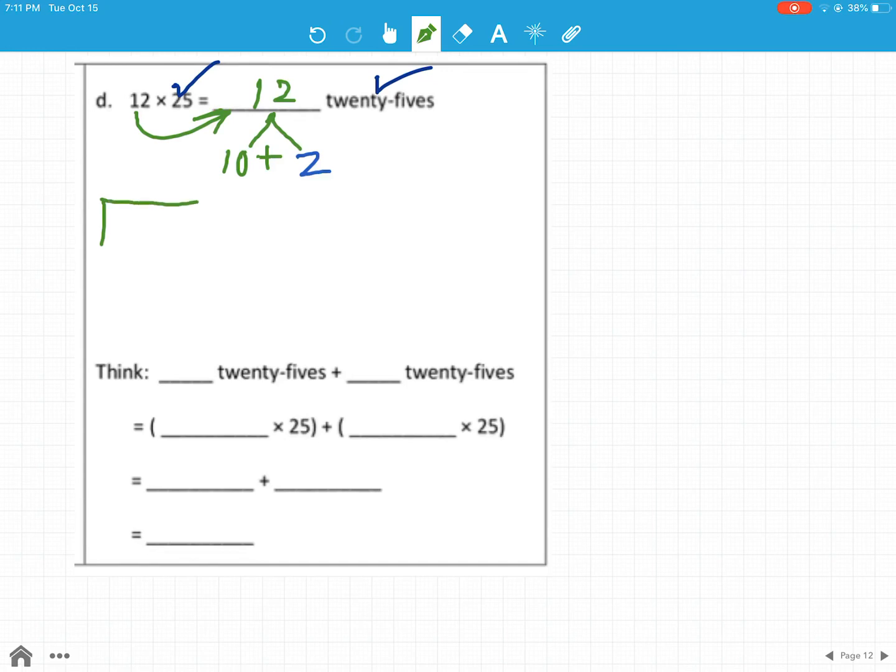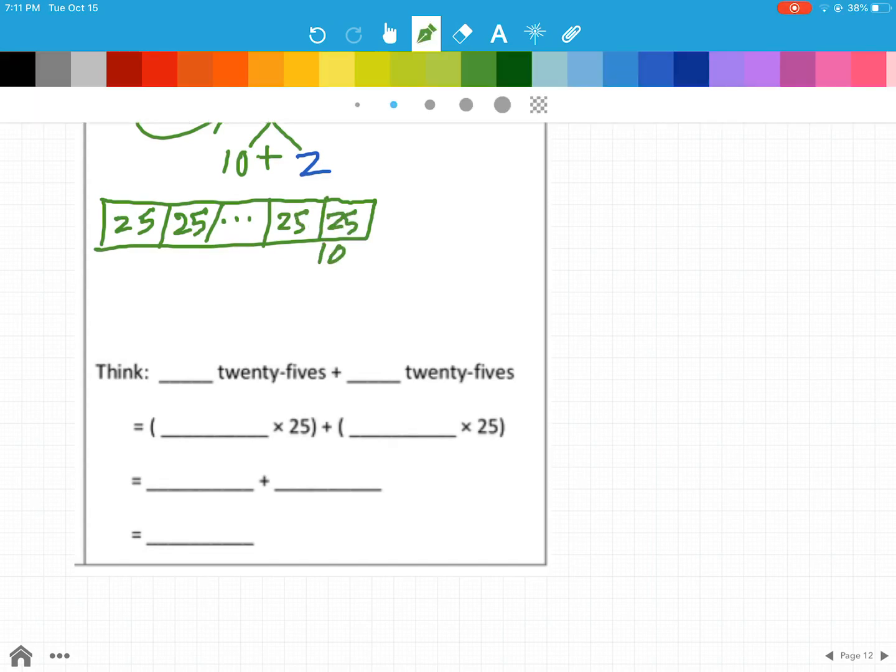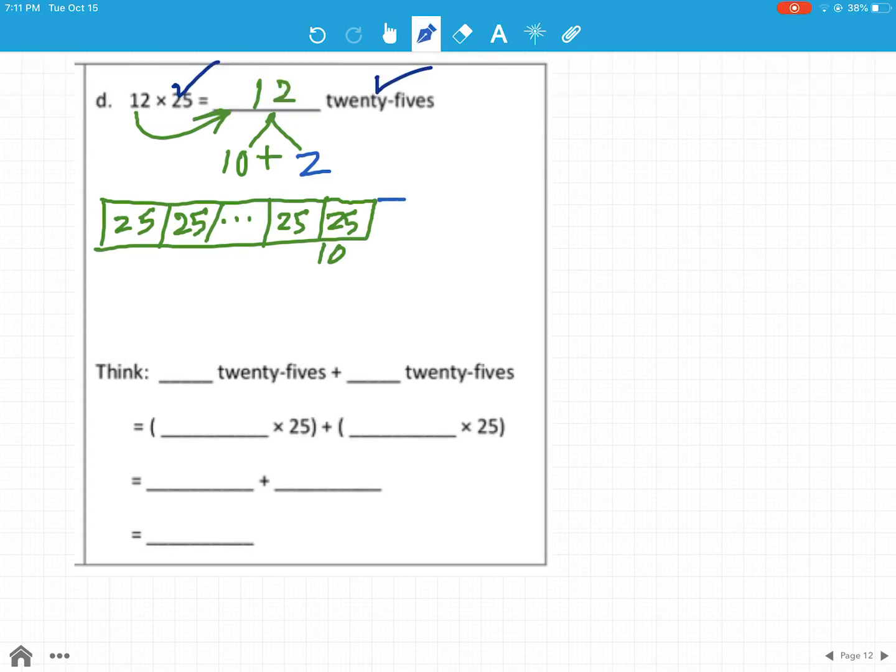Okay, so we're going to draw the 10 25s. Of course, we're not going to draw all of them. And then we're going to add to it the 2 25s. You're going to see that.